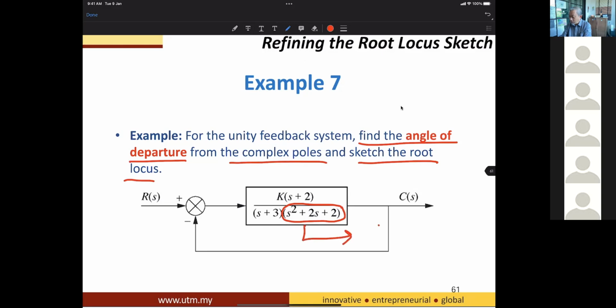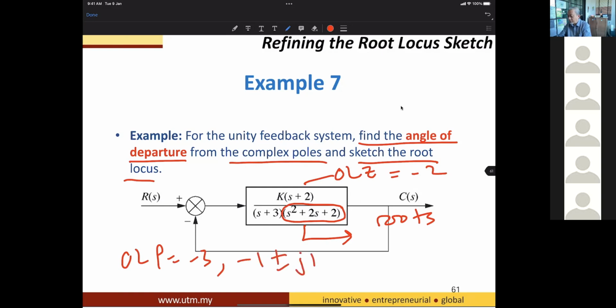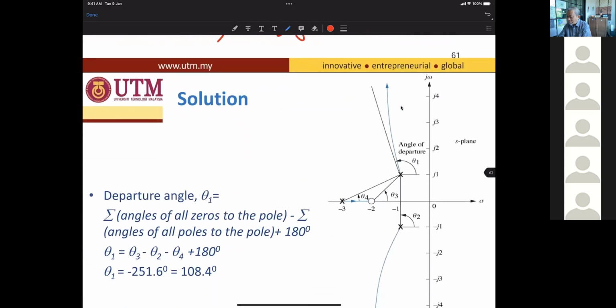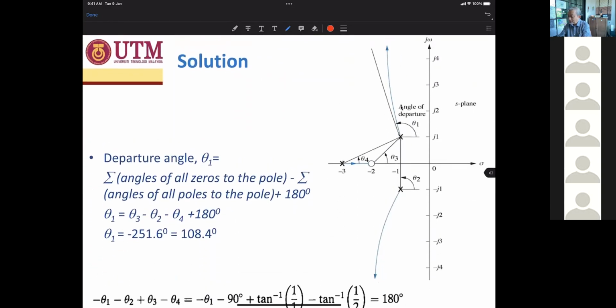Can you give me the root values? Negative 1 plus j1, plus minus j1, to be more specific. So we plot it here. This is minus 3, minus 2, and then minus 1 plus j1.